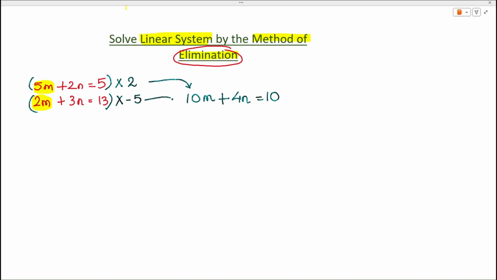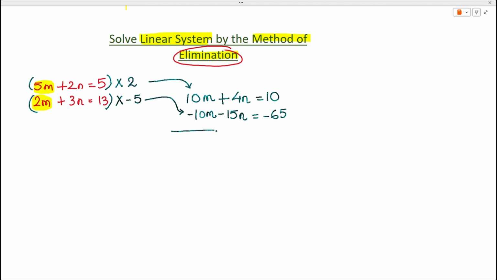Now, in the second equation, we are multiplying by negative 5. So our equation turns out to be negative 5 times 2m is negative 10m. Negative 5 times 3n is negative 15n. And 13 times negative 5 is negative 65.